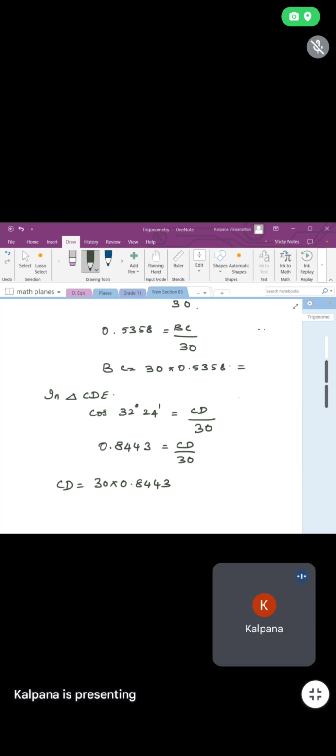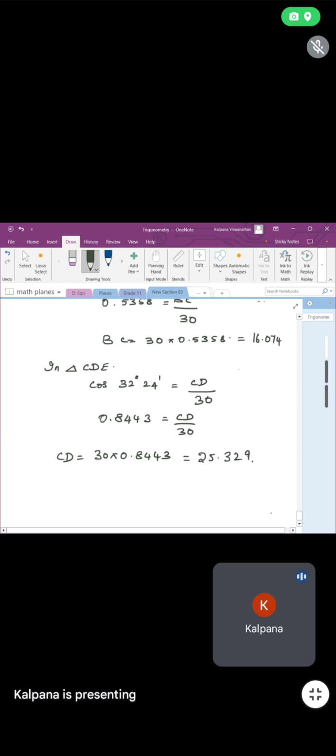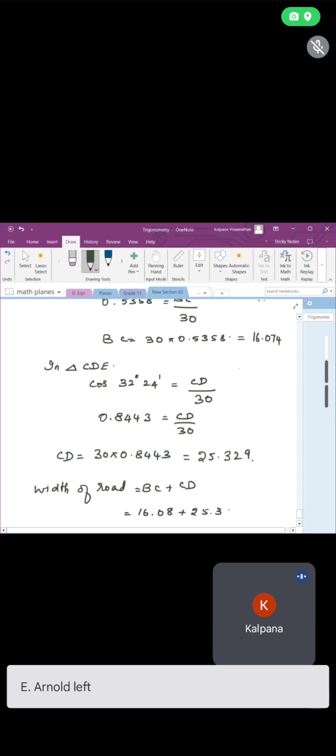How much, children? Ma'am, BC is 16.074. Okay. What about CD? Ma'am, CD 25.329. Okay. So now the width of the road. Width of road equal to BC plus CD. So that is 16.08. I'll round off to 2 digits. 25.33.